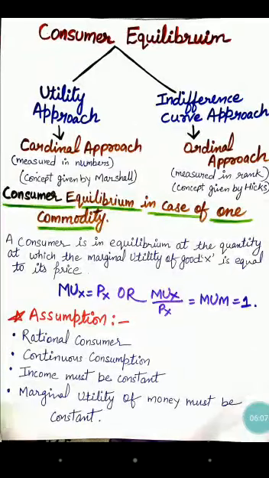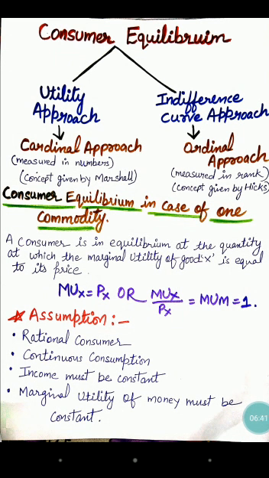A rational consumer is one who consumes the quantity where gain is maximized. रational consumer वो है जो ऐसे कंजप्शन कर रहा है जहाँ पे उसका सेटिस्फैक्शन मैक्सिमाइज हो रहा है. Means a person who is working for the satisfaction of want, and who is physically and mentally fit. For consumer equilibrium, that consumer should be rational, physically and mentally fit, and think about the satisfaction or the maximization of profit.